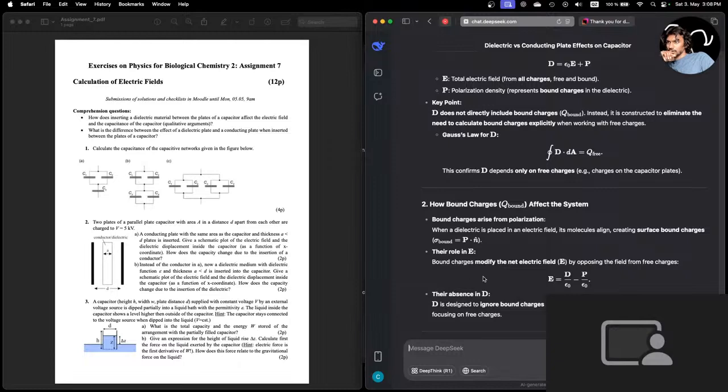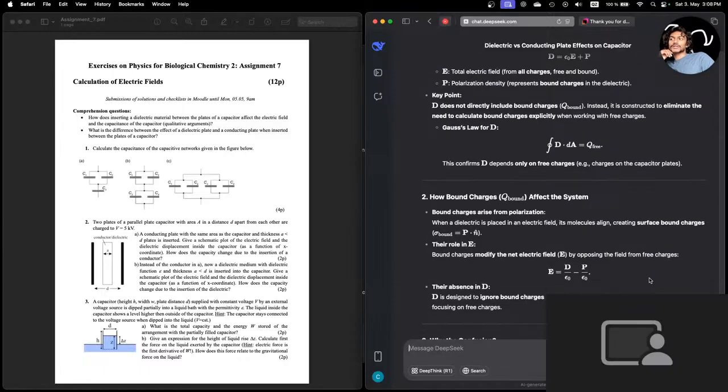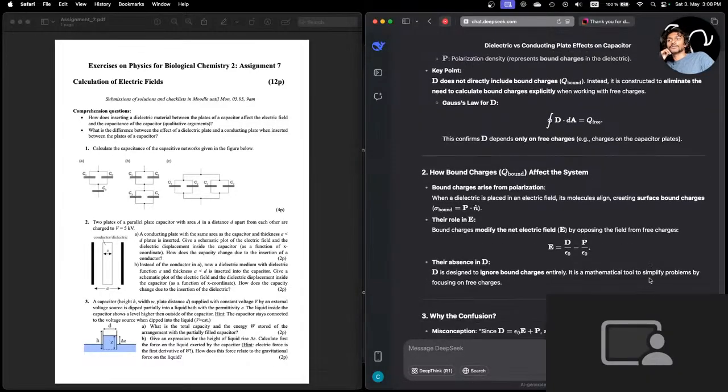Their role in E: bound charges modify the net electric field, opposing the field from free charges. I get that. Their absence in D is designed to ignore bound charges entirely. It is a mathematical tool to simplify problems by focusing on free charges.